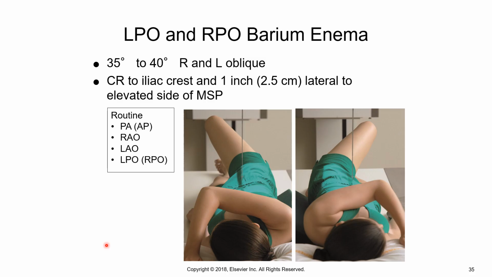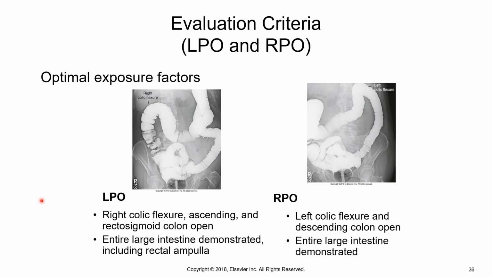Okay, so on these POs, on an LPO, you're going to demonstrate the side up, so the right hepatic flexure, and on the RPO, we'll demonstrate the left splenic flexure. So when you look at the LPO, left iliac wing is elongated, right is foreshortened, so they're rolled to the left.